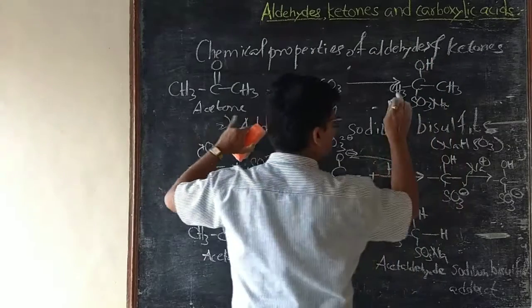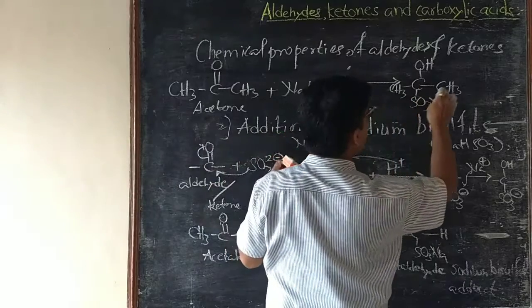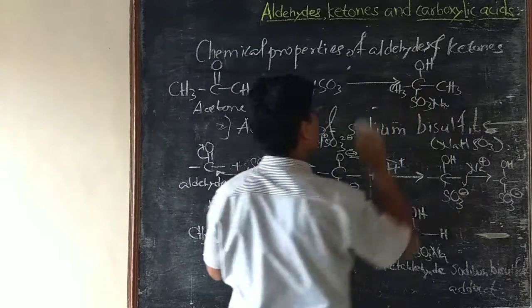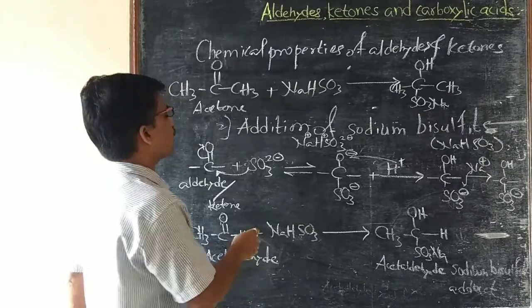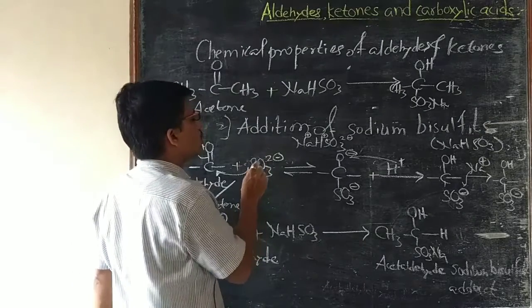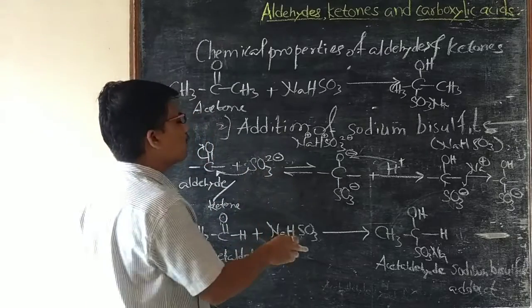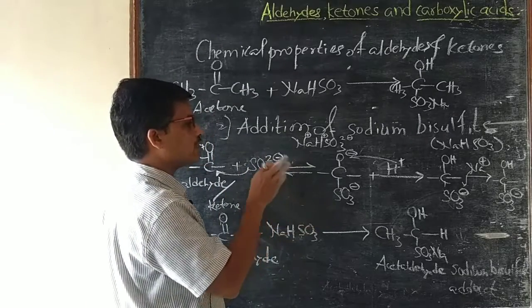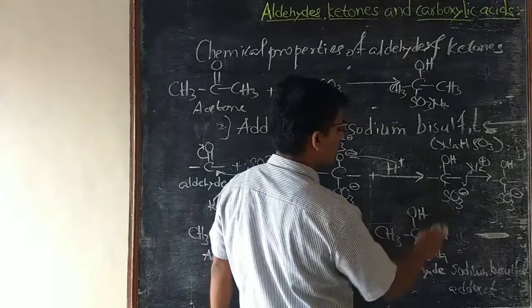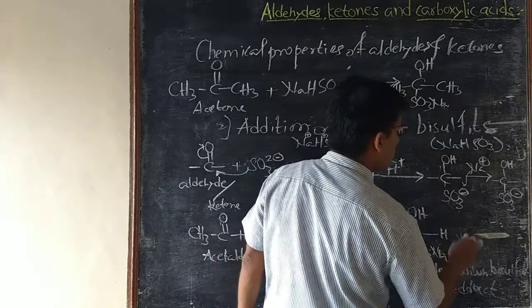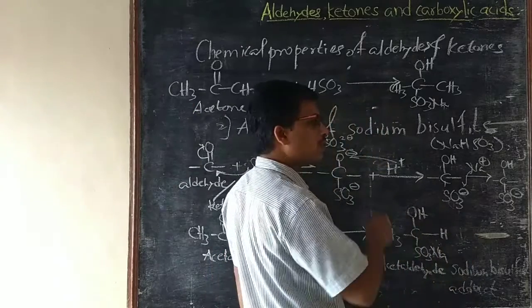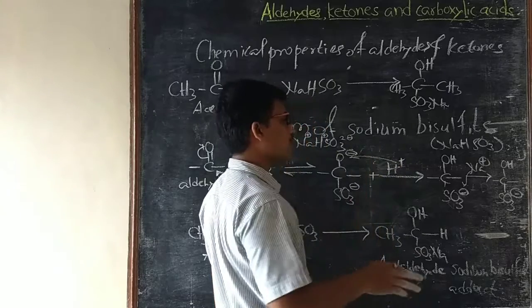Its name is acetone sodium bisulfite adduct. It is a solid product. In this case, SO3 2 minus is a strong nucleophile, therefore no catalyst is required for this reaction. All these sodium bisulfite adducts are in solid state, they are crystalline.